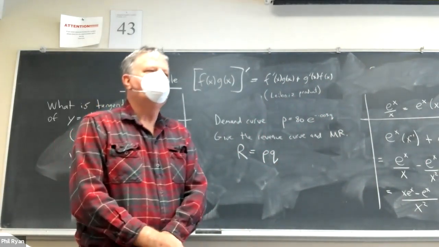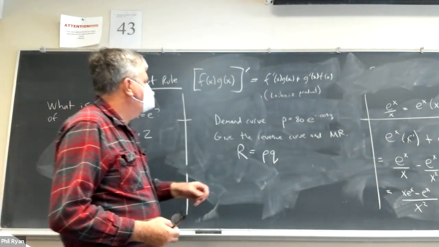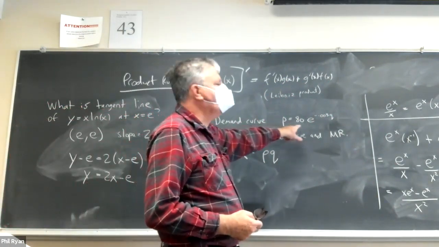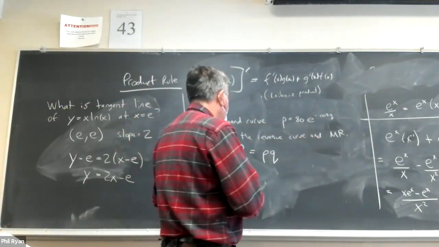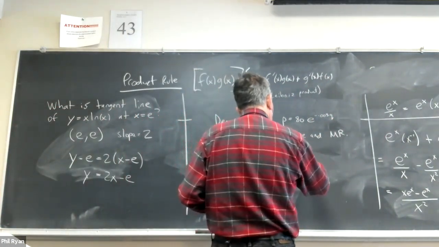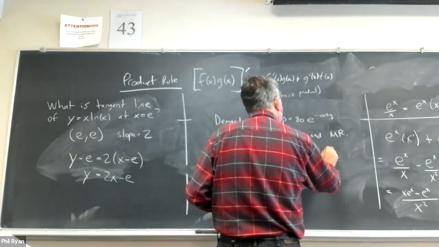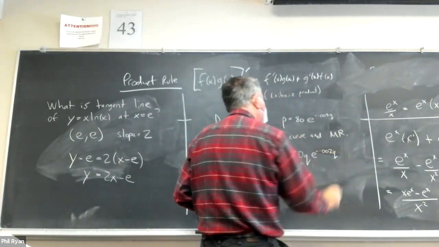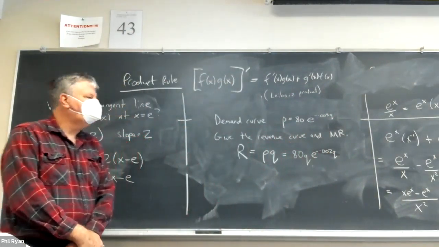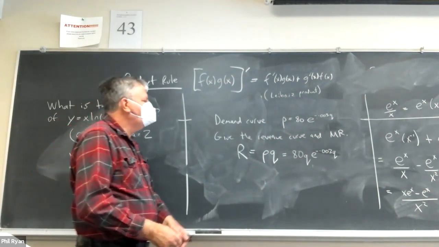Exactly. Price times quantity. Now we have been given information, right? Because we've been told what price is as a function of quantity, so we can turn that into 80Q times e to the minus 0.003Q. And so now we've got a revenue curve, right?